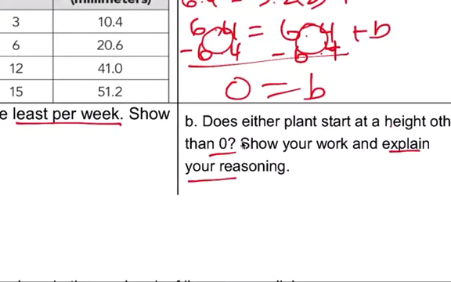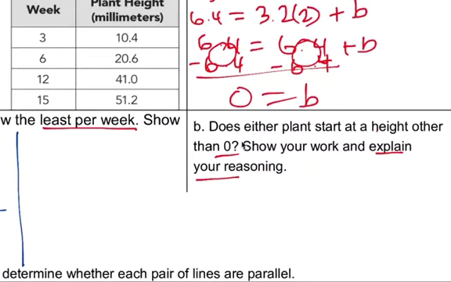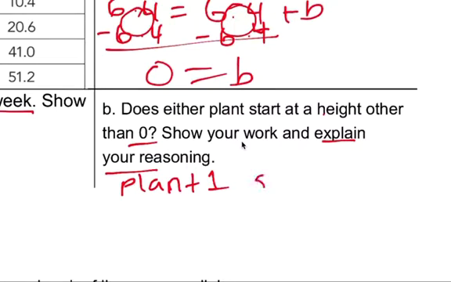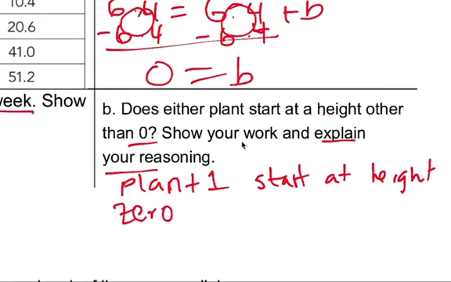Explain your reasoning. Okay. Plant 1, we'll say this is plant 2, okay, guys? Starts at height 0 because 0, 0.